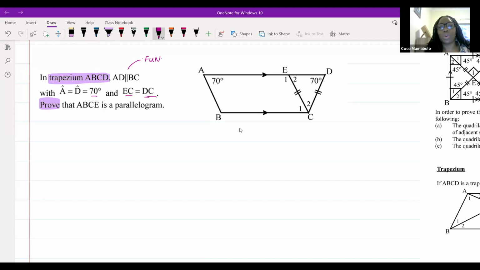Okay, so we then have to either prove that opposite sides are equal, or we have to prove that opposite angles are equal, or we would then have to prove that the diagonals bisect. Okay, and the diagonals bisect one is when you draw a line from there to there, and then you draw a line from there to there.